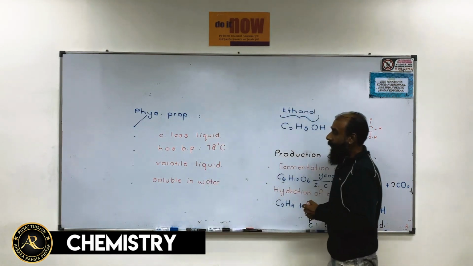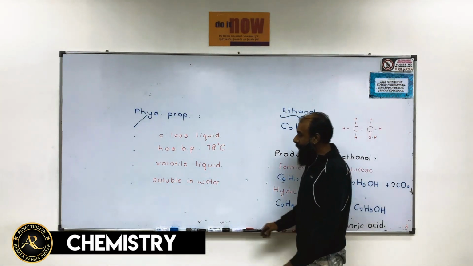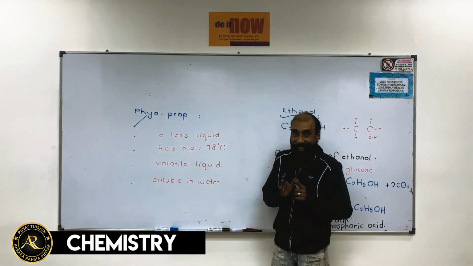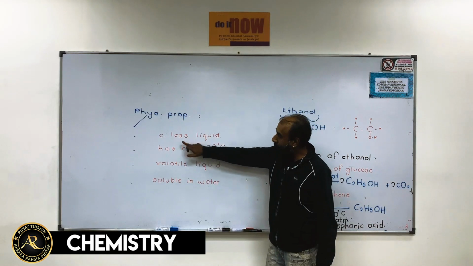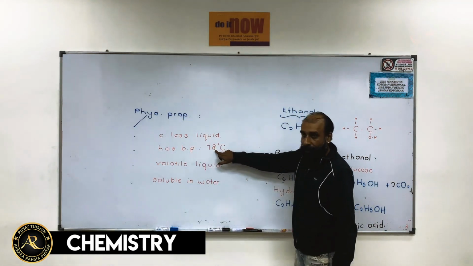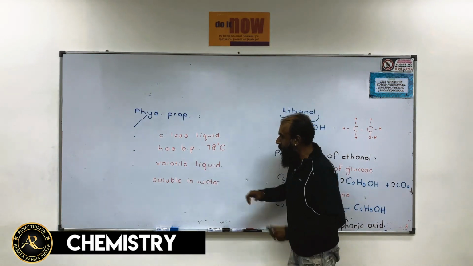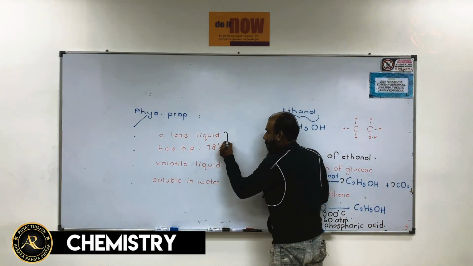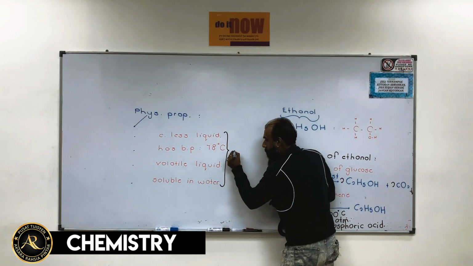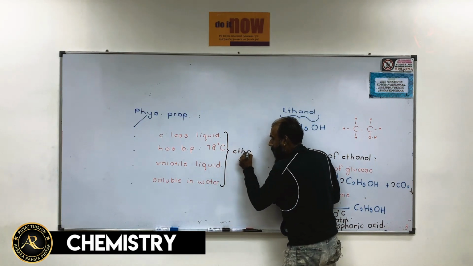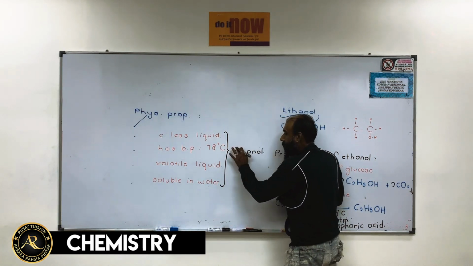Now the physical properties of ethanol: colorless liquid, has boiling point of 70 degrees Celsius, is a volatile liquid, and it is soluble in water. We already looked at the 4 physical properties of ethanol.